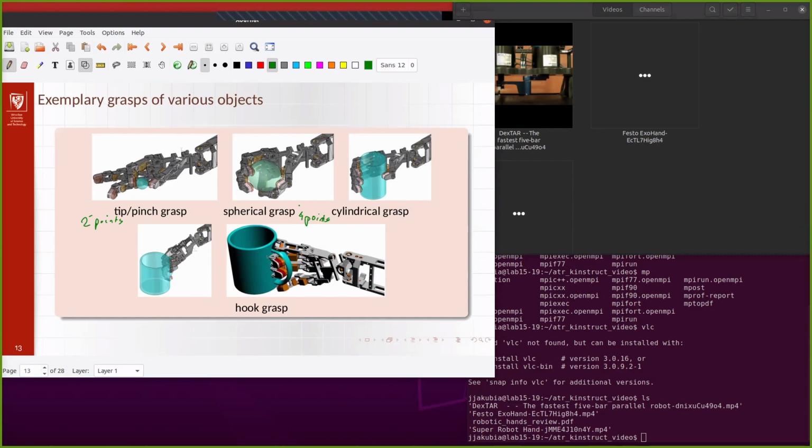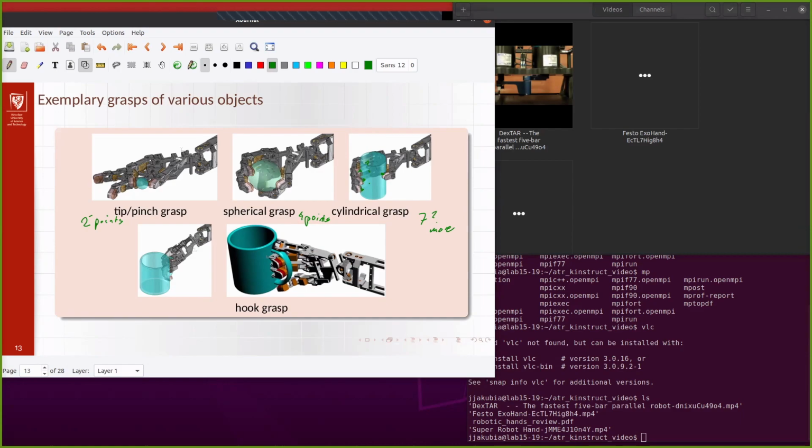In fact, it may be even more. In the cylindrical grasp, like here, you can use not only these 4 points, but probably some support. So it can be 7 more, depending on what exactly the grasp was.